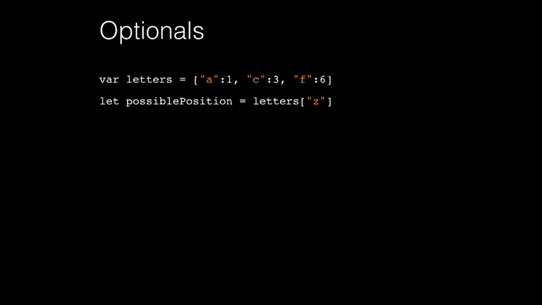What do you think would happen in this case? Anybody? Well, what would happen is this would be an optional. So it would be set to nil in this case because, did I say int? Yes, okay, that's right. So there is no entry for Z, so it would be nil, a nullable or an optional int.